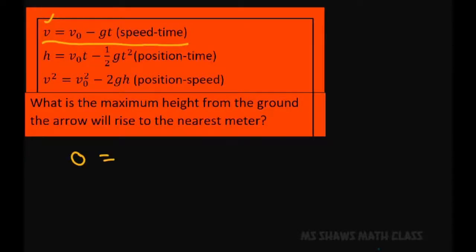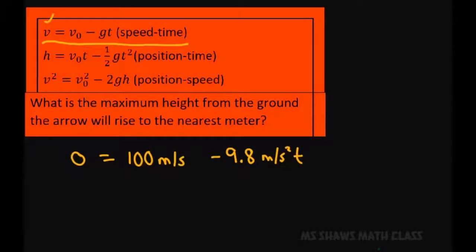Our initial velocity is 100 meters per second. And then our g is that 9.8 meters per second squared. This is just not squared, this is just second. And then times time. So the first thing we have to do is solve for time.